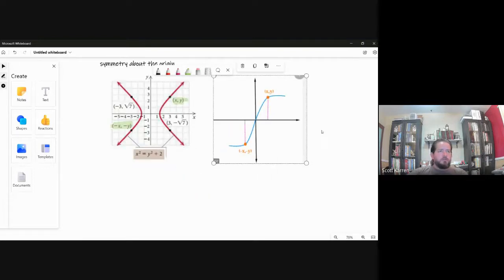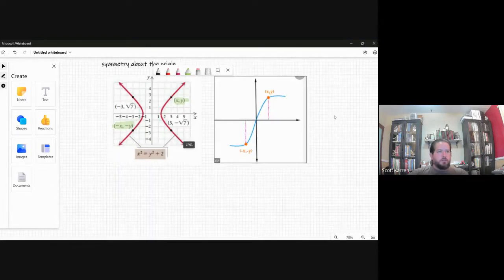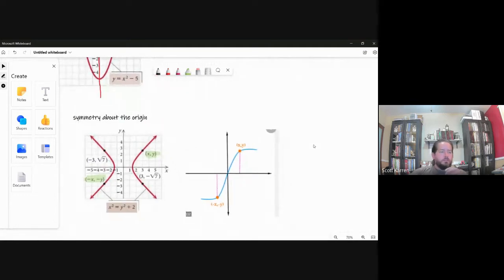This is also symmetry about the origin, right? So it doesn't have to be all 4 quadrants have a point in common. In fact, this one here is not even a function. This one is a function, though. In fact, when you have symmetry about the origin, a lot of times you lose functions.